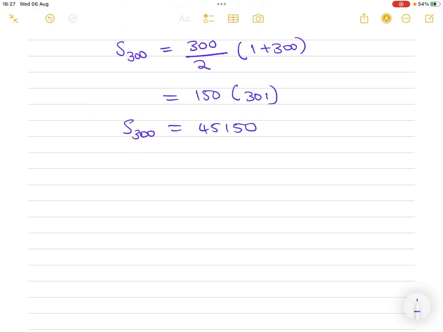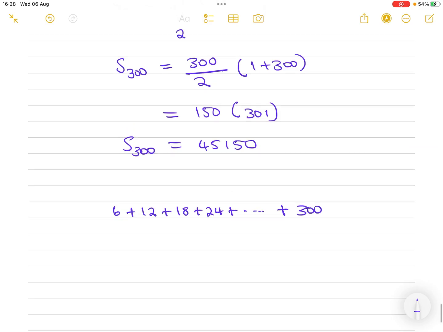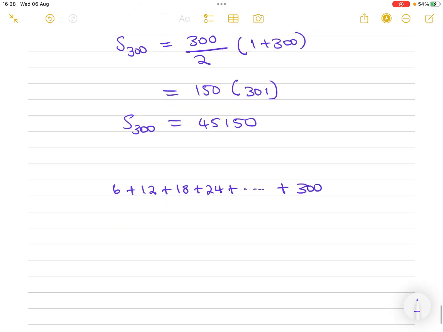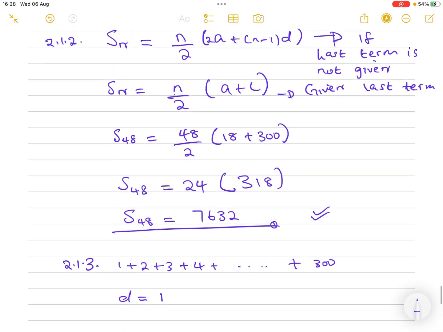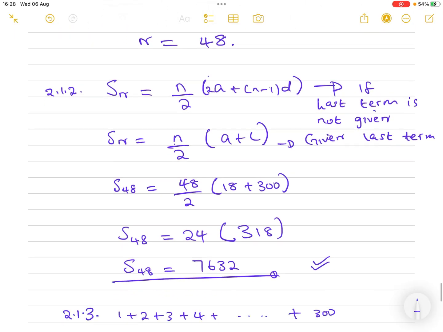That is the sum of 300 terms, which are the whole numbers. Now when we look at those that are divisible by 6, remember 6 is divisible by 6, plus 12 is divisible by 6, plus 18, plus 24, plus ... plus 300, because we know that we end up to what? Up to 300. Now I want you to pay attention here.